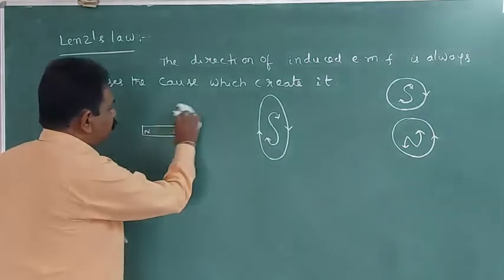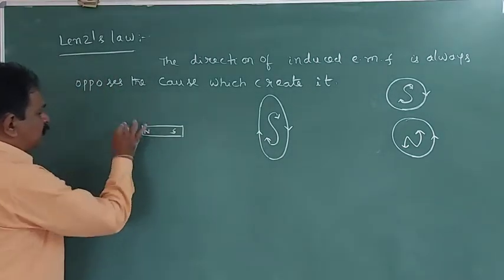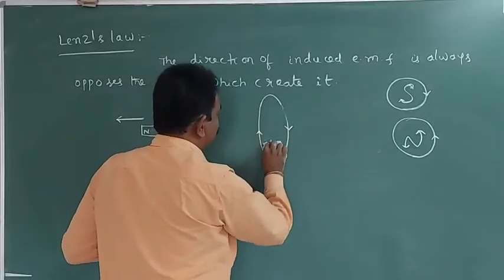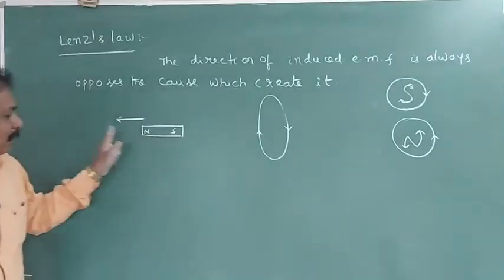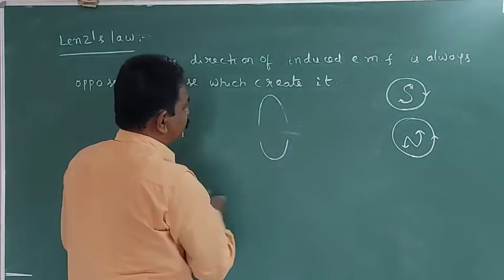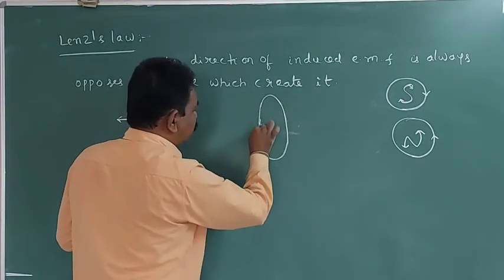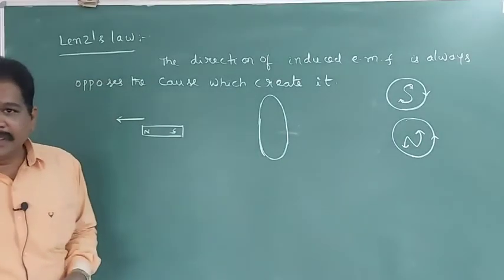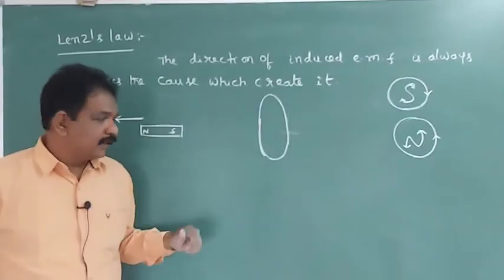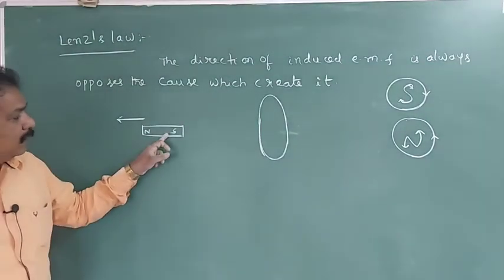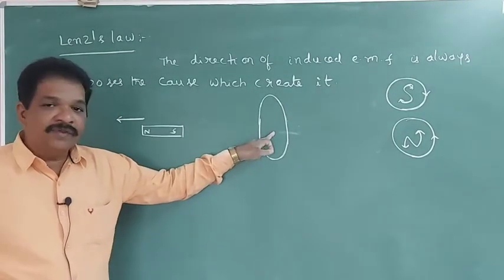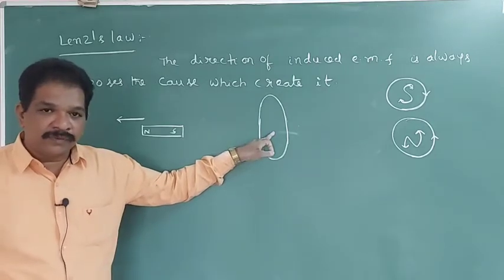For example, now the magnet is moving away. Now what will happen? Flux decreases. Point is clear? Because of the decrease in the flux, EMF is produced.